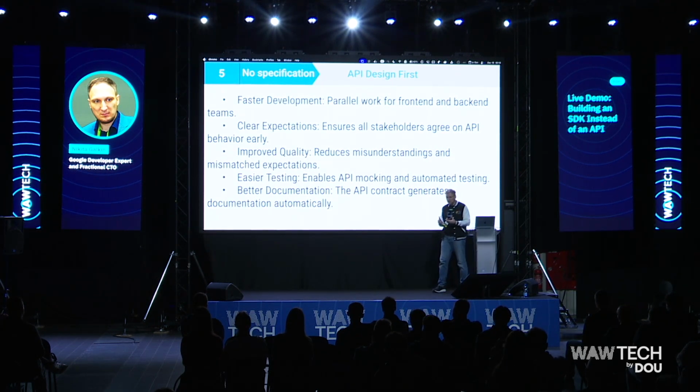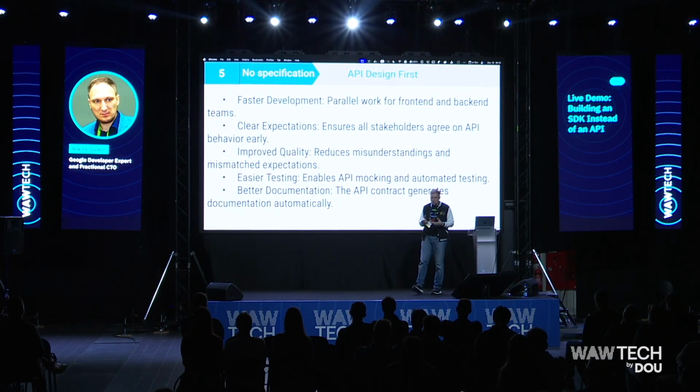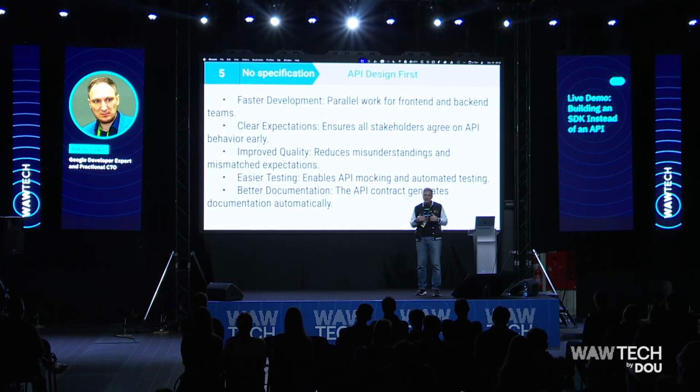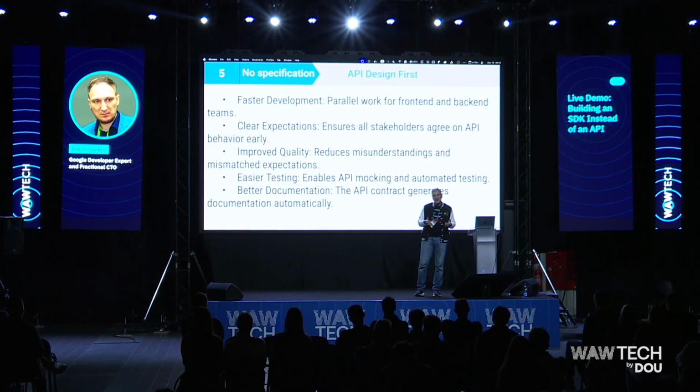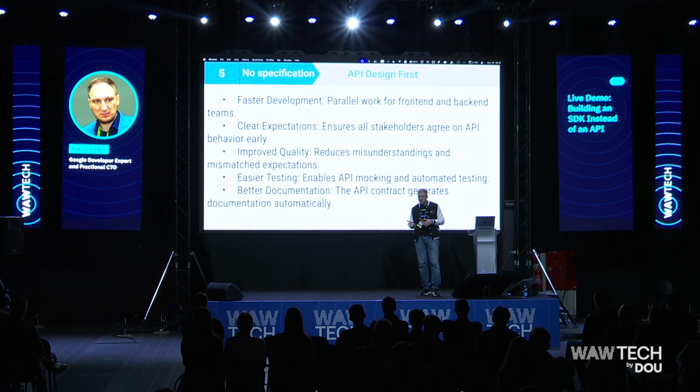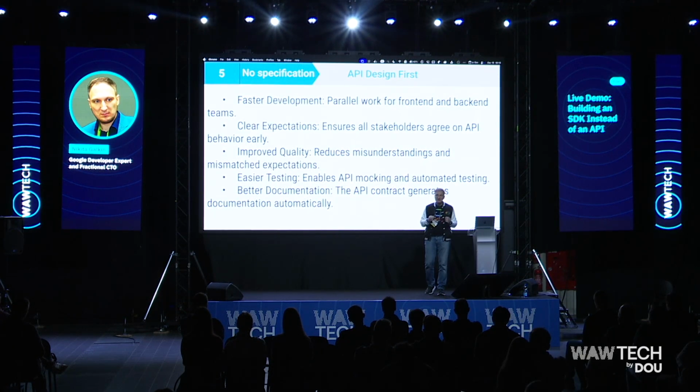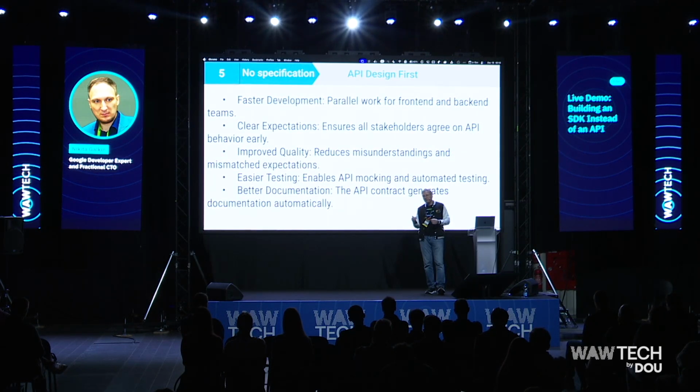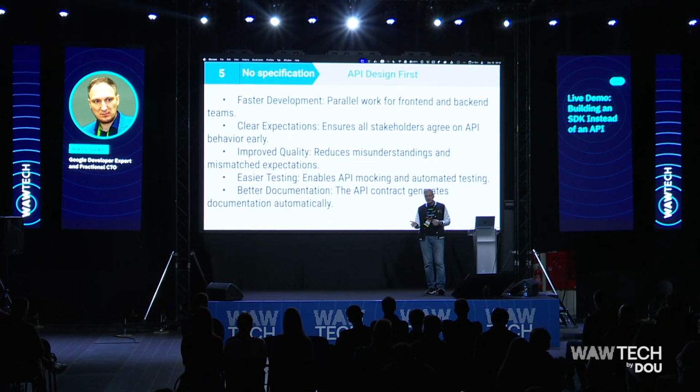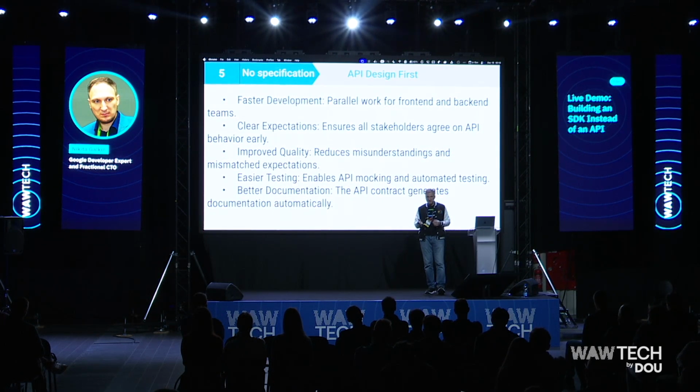Nowadays, when we want to invite into the development process not only other engineers but also agents, we need specs. For example, Spec Kit from GitHub is a good example.